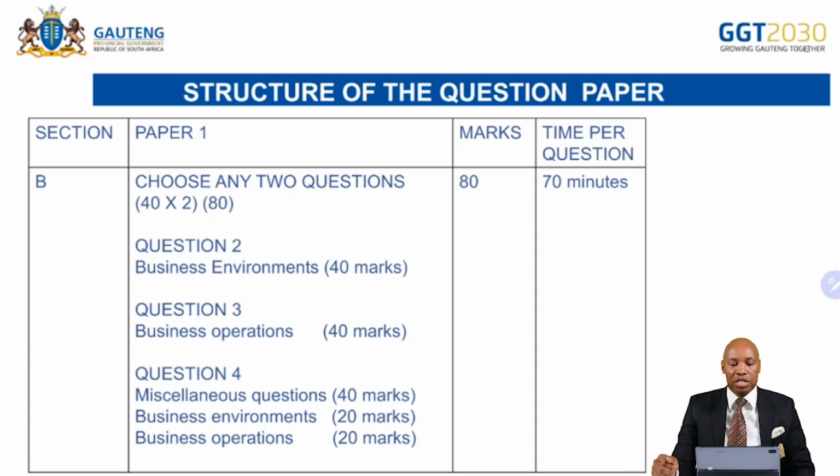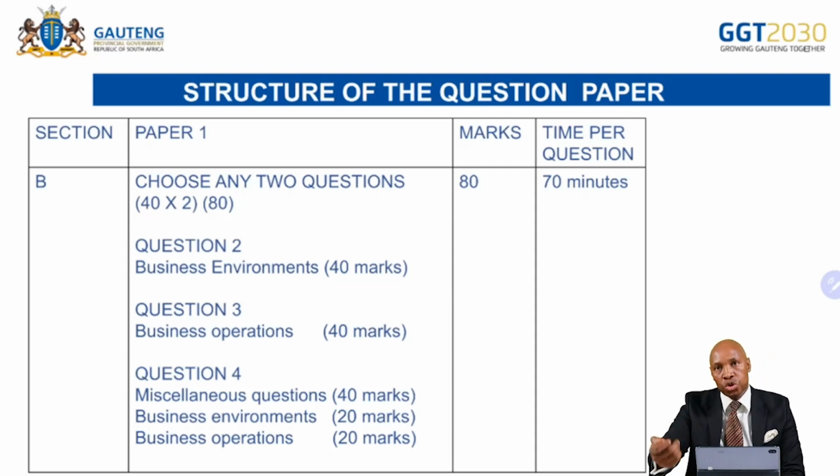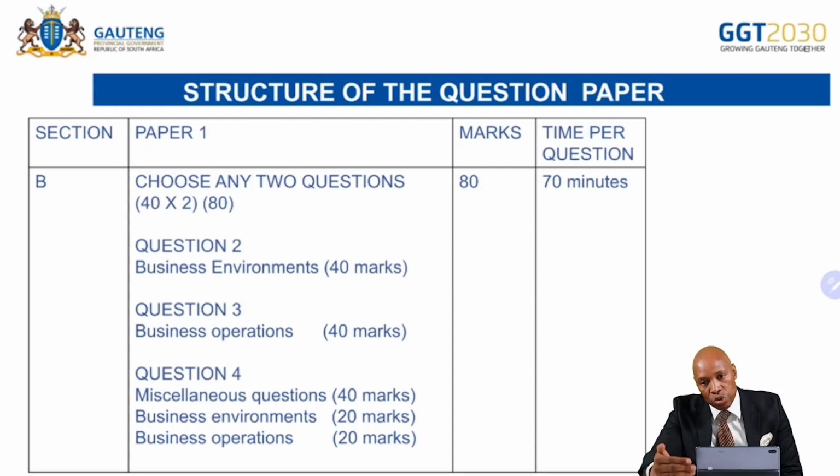Take, for instance, you want to choose question 2. You must make a point that you have studied business environment, the 3 subtopics of business environment. When you want to choose question 3, you will be answering a question coming from which main topic? Coming from business operations, with its 2 subtopics, which I will show as we go on.